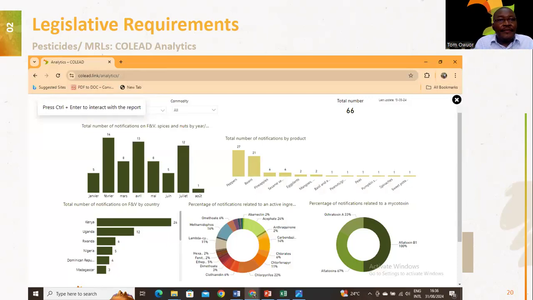Now, the writing is not as big on this slide, but this is generally some of the notifications that were received across Africa based on the exceedance of pesticide applied to the various commodities. Kenya had the highest at 24. Remember the total number of notifications. A notification basically means that you have taken your vegetables or your fruits into the EU market with higher levels of chemicals that have been detected and are therefore considered very harmful to the population and the consumers in that market.